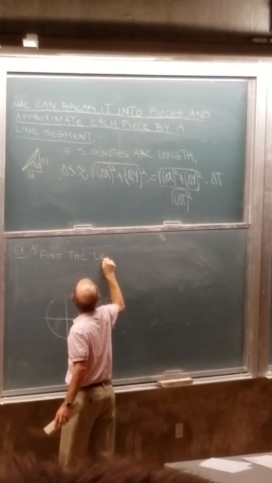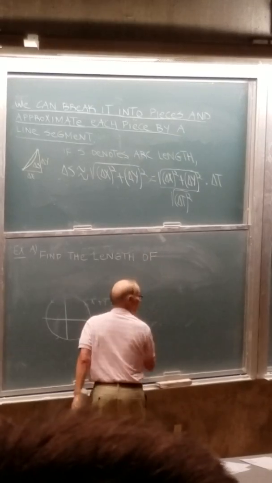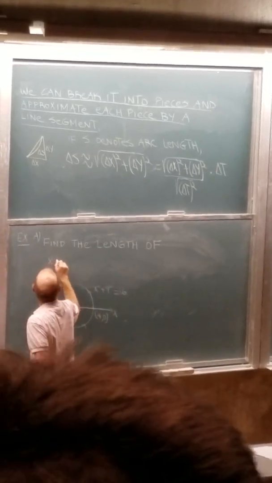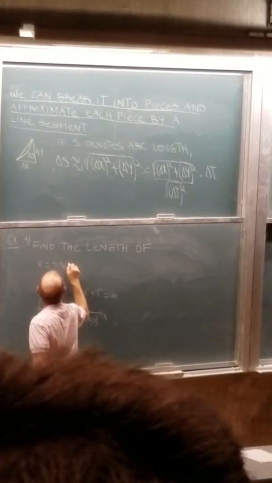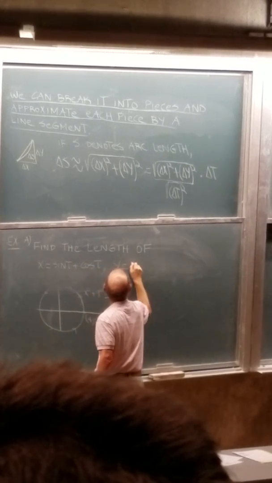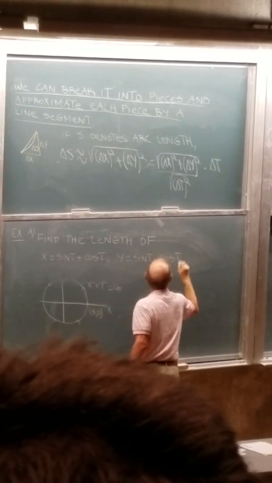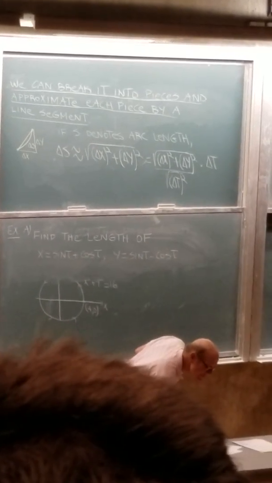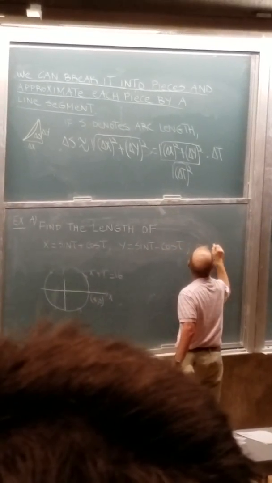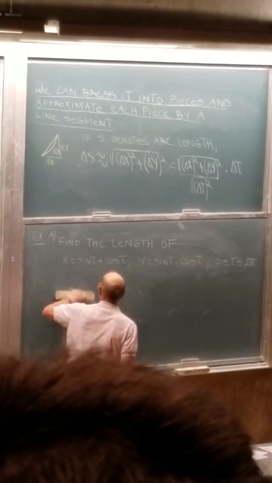Let's take the parametric curve, say x is equal to sine t plus cosine t, y is equal to sine t minus cosine t, and let's say t goes from 0 to 2 pi. And so let's try to figure out the length of this curve.